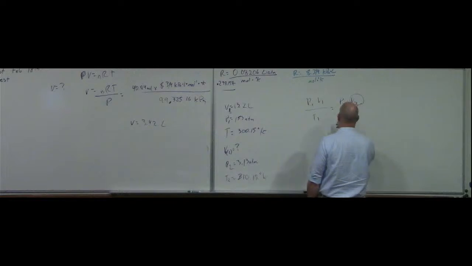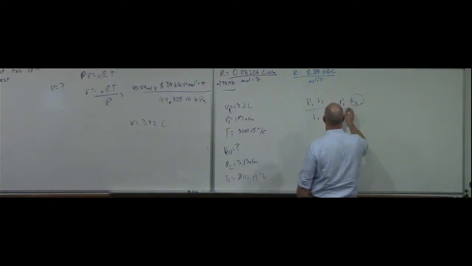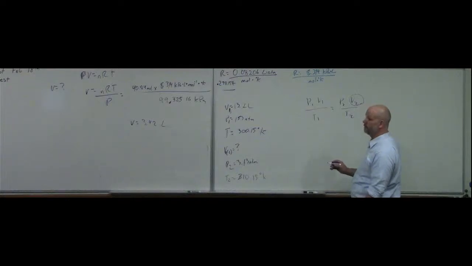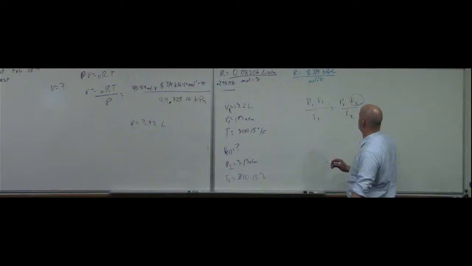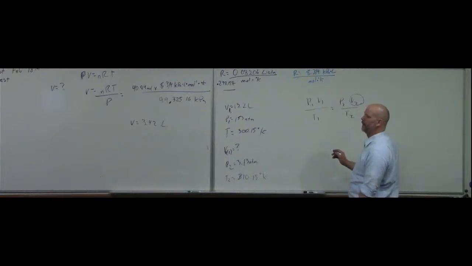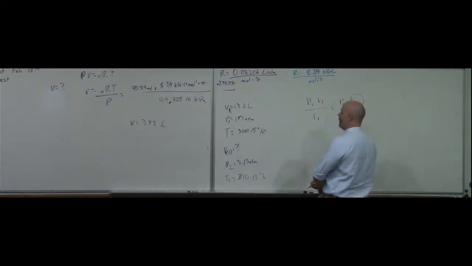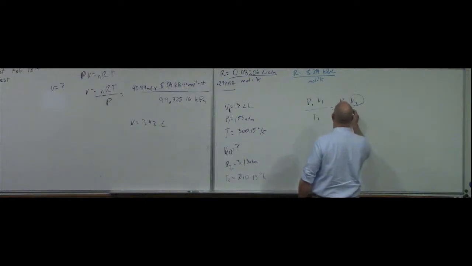So what does V2 equal? V2 equals V times T, P1, T2 divided by P2. I'm going to do this my long way, if you don't mind.